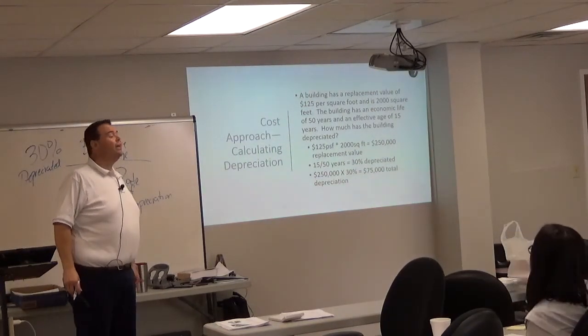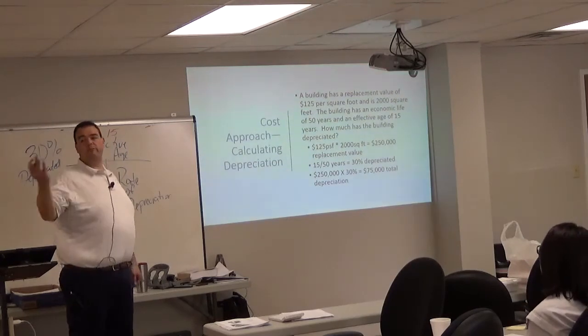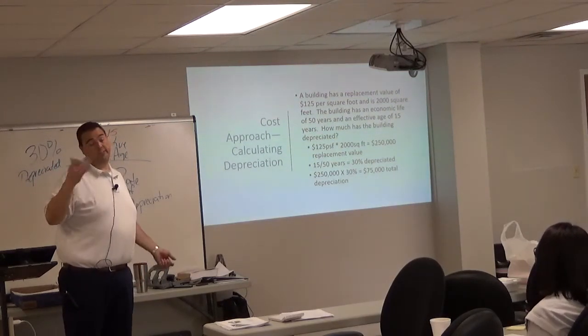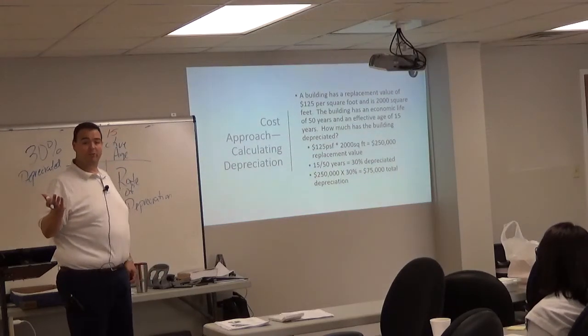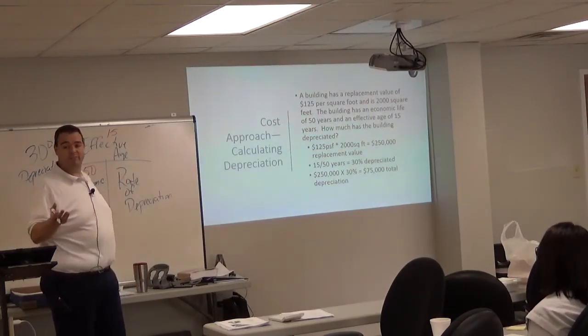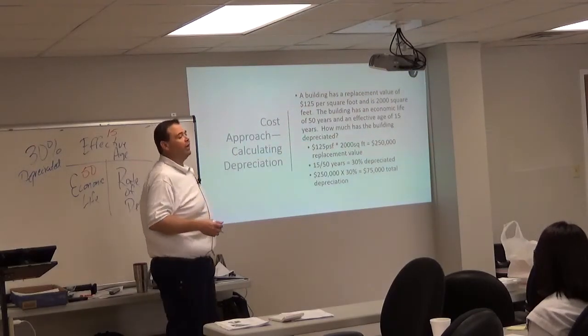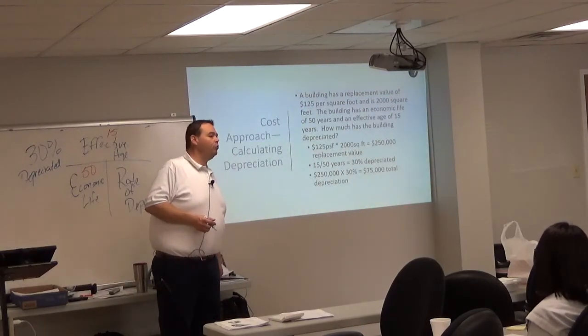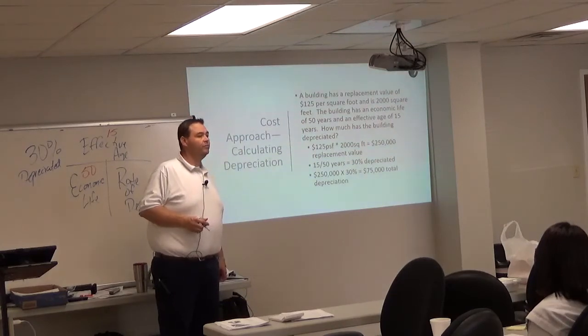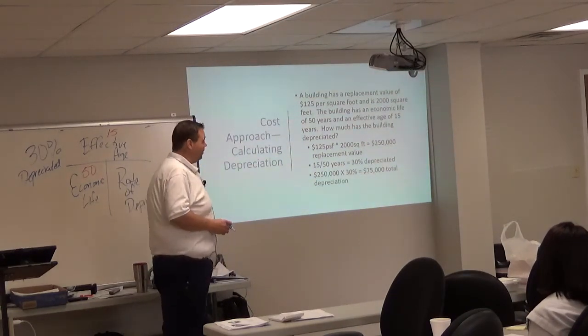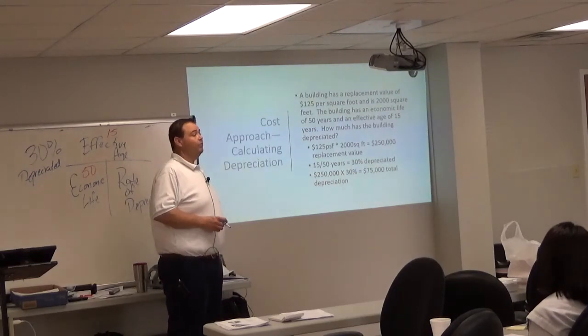So that's the way to think of it: it's 30% gone, or 70% remaining, whichever way you want to look at it. Glass half full, glass half empty. All right? How much was the building worth when it was brand new? What was its value brand new? $125 per square foot for how many square feet? 2,000.